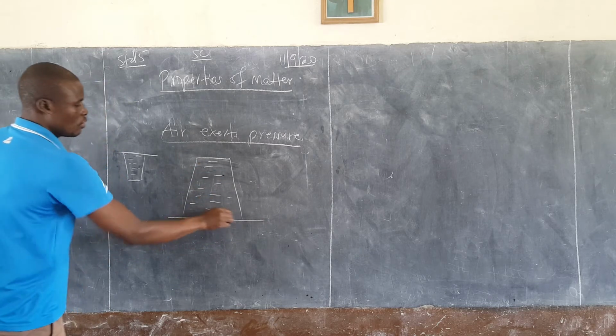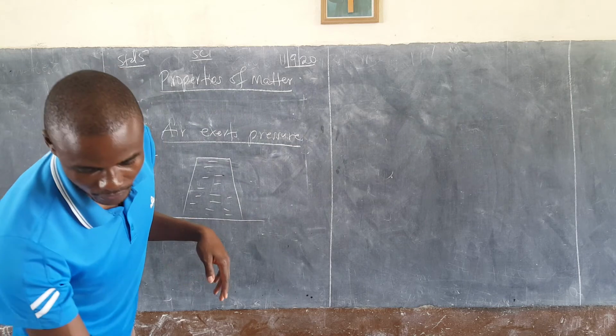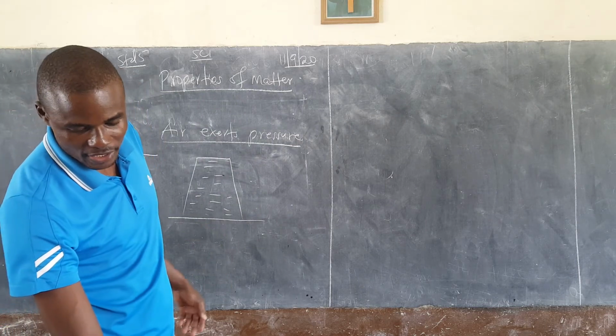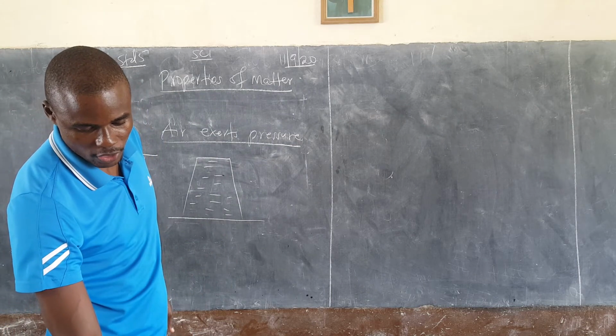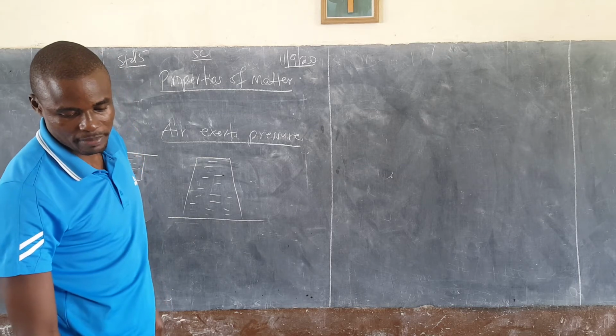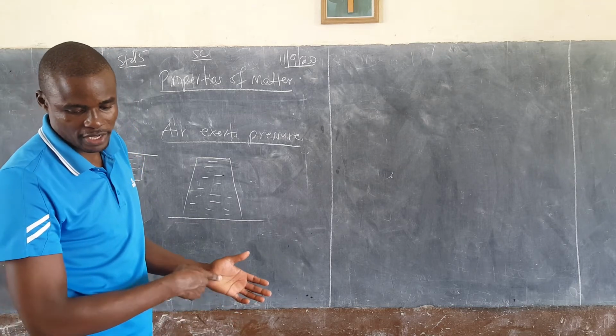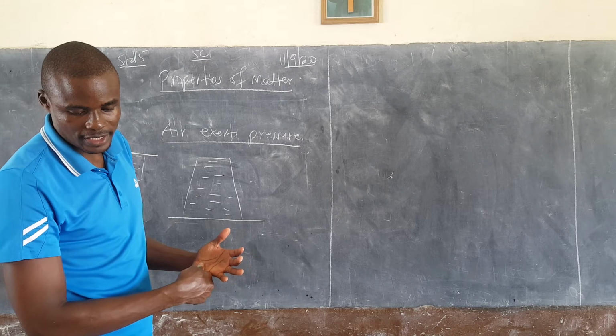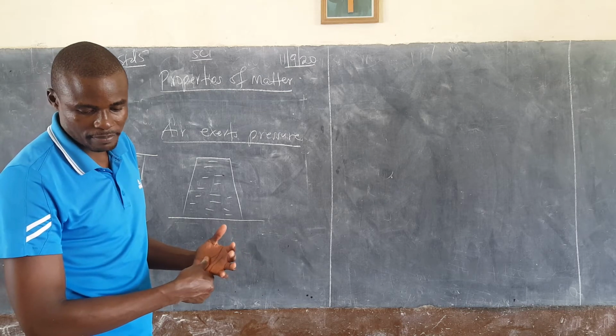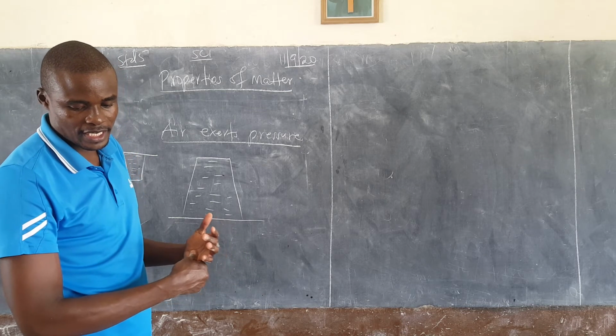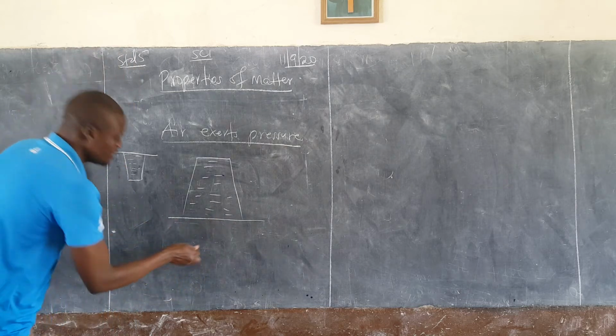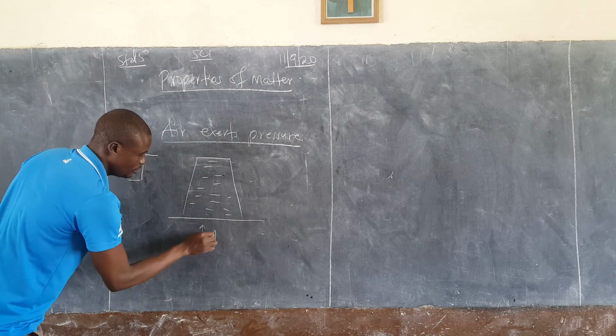So if you turn it upside down, this water will not fall down. Why? Because the cardboard is held on top of the glass. This is because the pressure exerted by the air on the cardboard from outside is the same as the pressure exerted by the water in the glass downwards. Let me draw it.